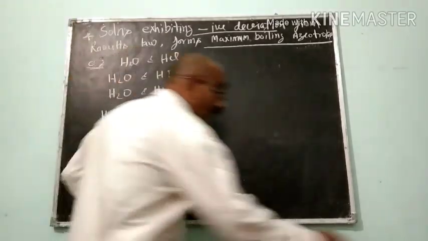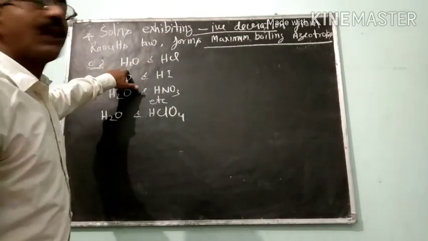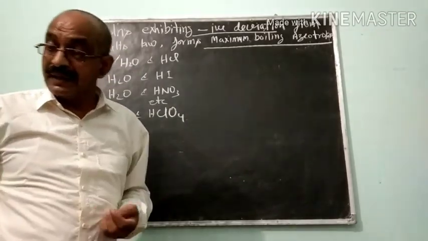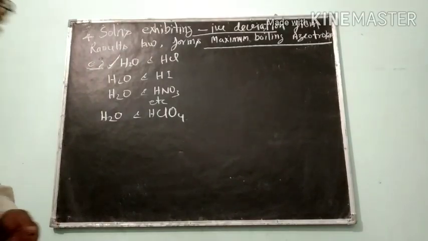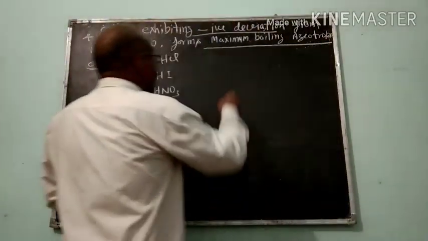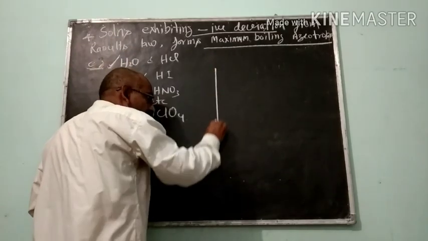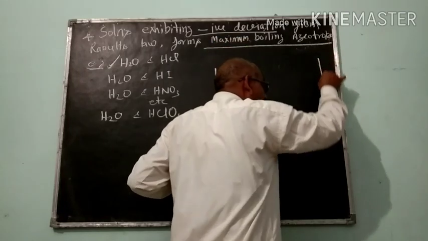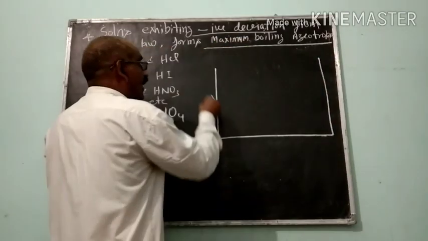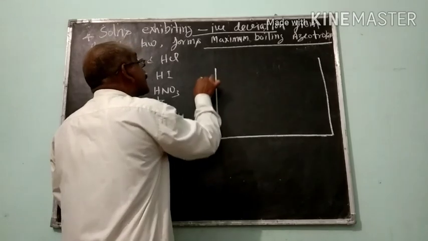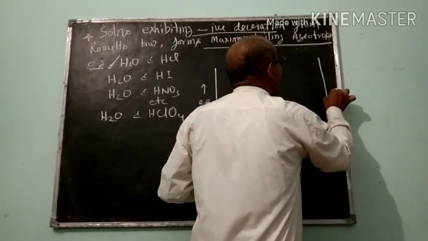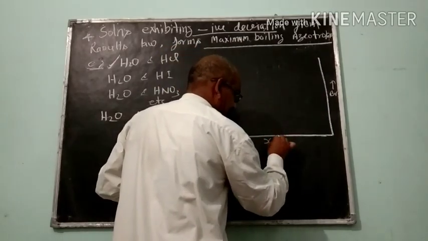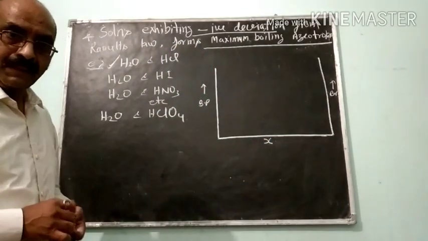Now we'll explain it by taking example of this solution of H2O and HCl. Here we'll plot a graph again in between the boiling point means temperature and mole fraction. ठीक है?